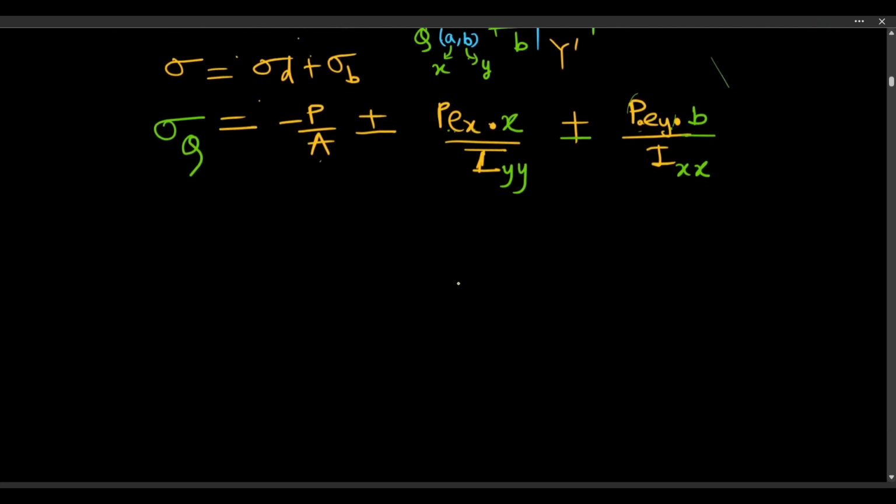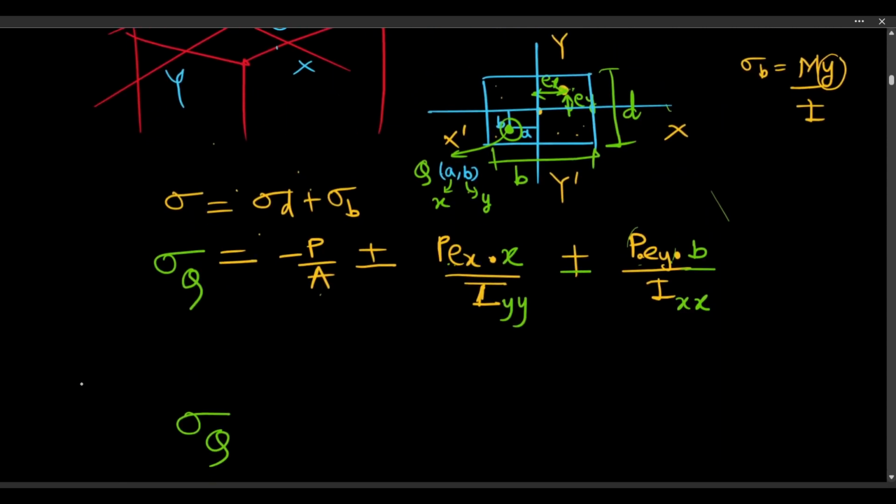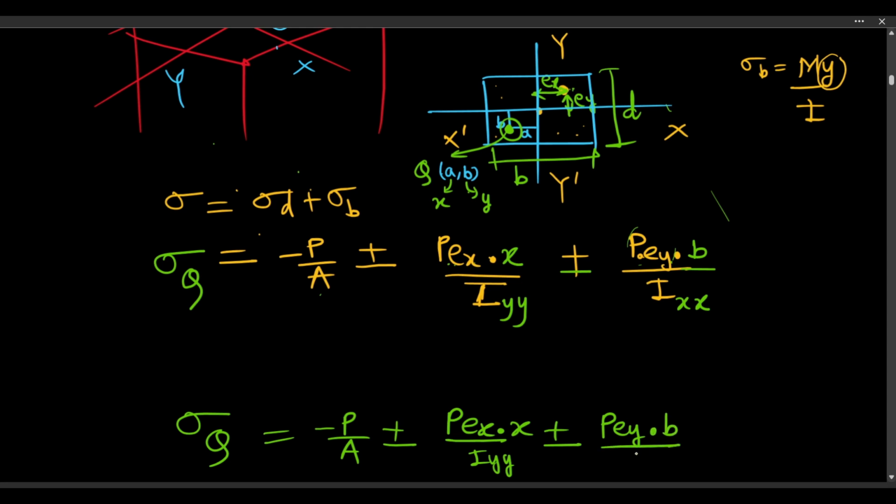So in biaxial eccentricity, if we are interested to find the stress at Q, we know direct stress plus bending stress is the overall stress. Direct stress is compressive in nature, so minus P by A, plus or minus P into ex into x. Why P into ex into x? Because P into ex is nothing but the moment about the y axis due to the P force, into x, the distance of that point Q from the y axis, upon Iyy, plus or minus P ey into y upon Ixx.